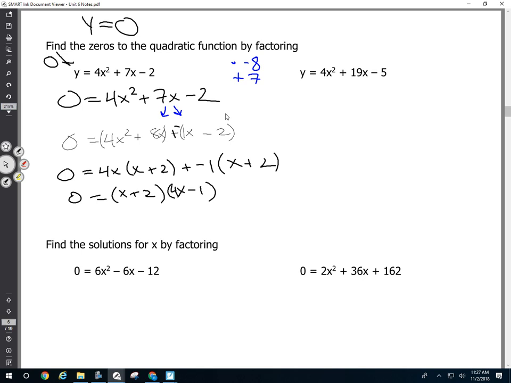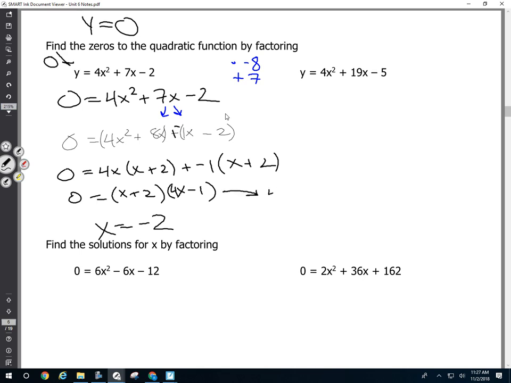You get that, right? One solution, readily apparent. X equals negative 2. The other solution, I may have to do some work for. After you've done enough of these, you can tell exactly what this is going to be.